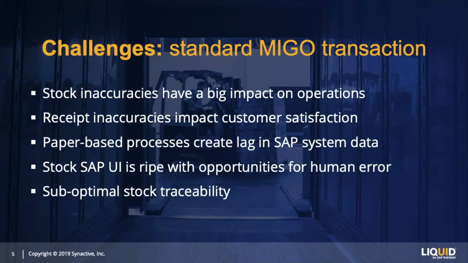Secondly, MIGO is relegated to desktops, which is typically not convenient for those receiving goods in the warehouse. And this either means that some paper-based process is used, or that the process of receiving goods and capturing that data is far less efficient than it should be. And all of this can lead to suboptimal stock traceability.